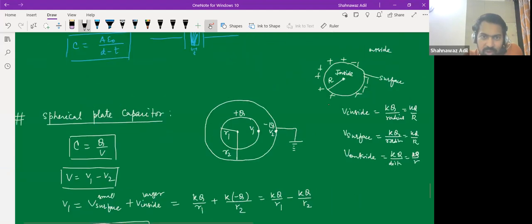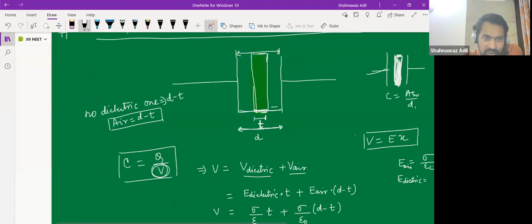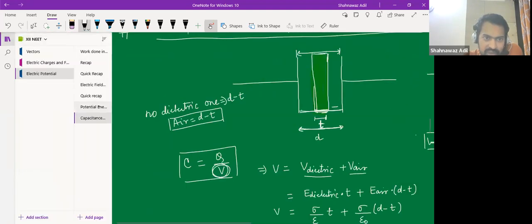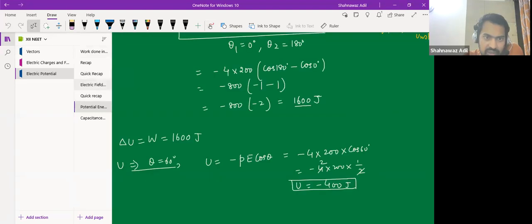So this is capacitance. Let us go back to potential energy. This was what potential, right?